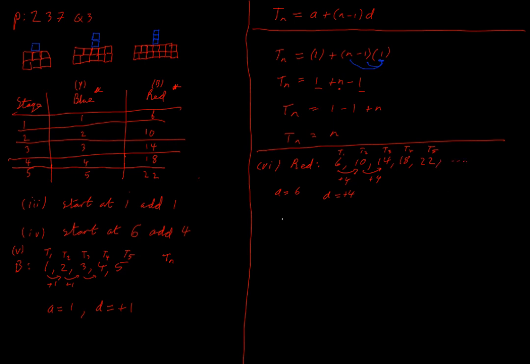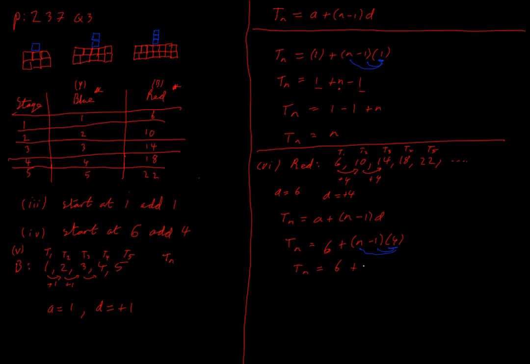So let's see if we can find Tn. Tn is going to equal A plus (n minus 1) times D. Tn, I know what A is, it's 6, plus (n minus 1) times 4. I multiply out my bracket and I get 6, and I'm going to multiply what's outside the bracket by each thing inside.